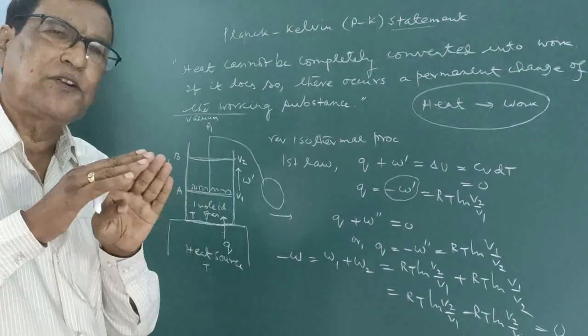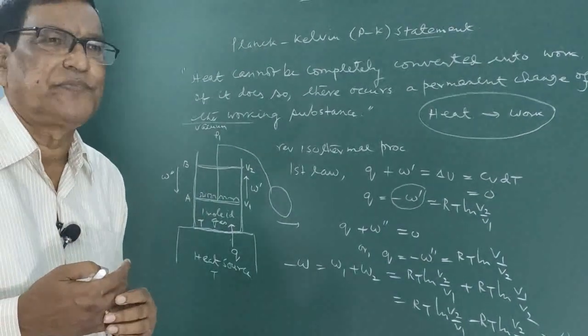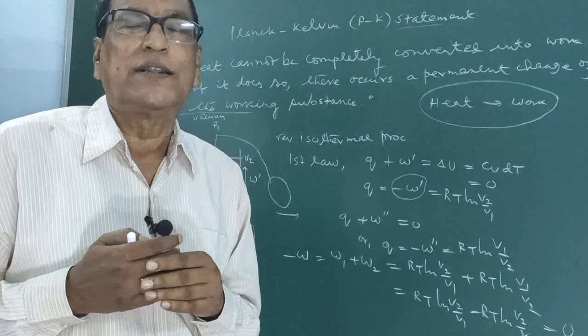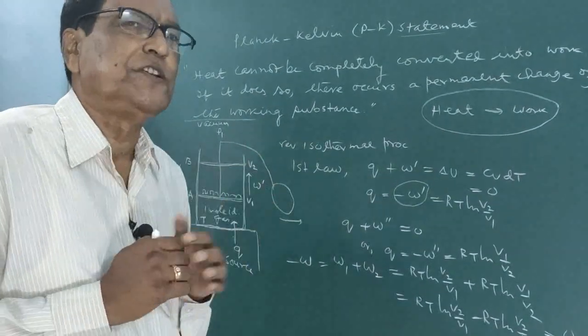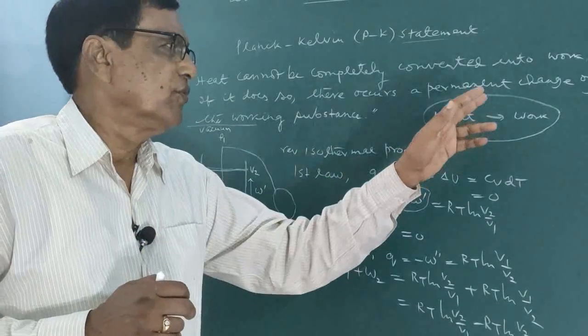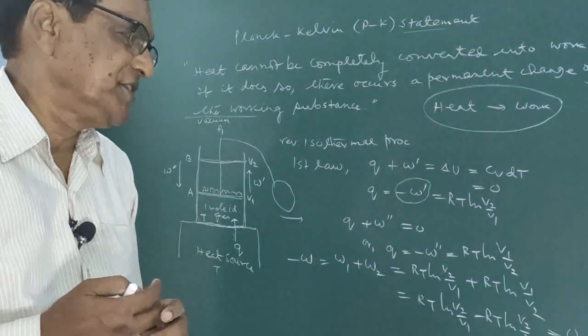It means the engine cannot produce positive work to the surroundings, and we like to have this positive work out of the engine. We supply heat and we want this work for running the machineries.